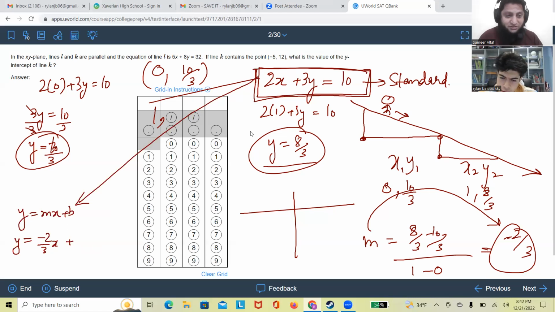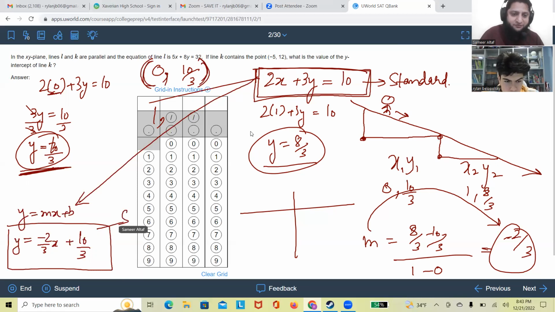We had to write the y-intercept. Y-intercept is which one? Do you remember when x is 0, how much was the value of y? Isn't this point here 0, 10/3? Oh, 10/3, I mean. Exactly. So this is the slope-intercept form.